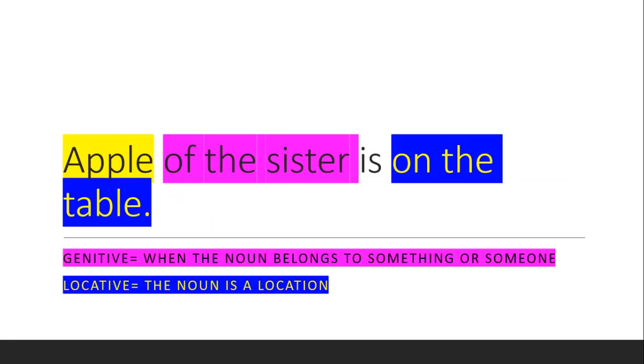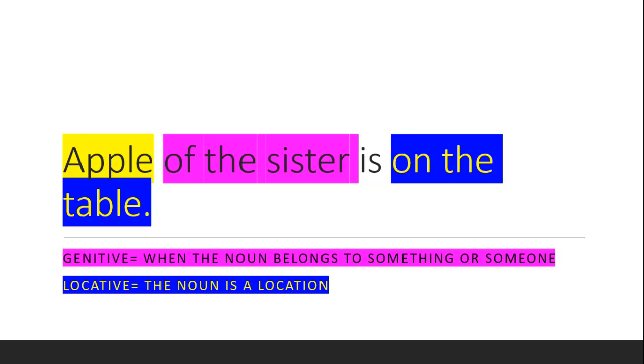Here's another example. Apple of the sister, or the sister's apple, is on the table. The part in yellow is a nominative again because apple is the main doer, is doing the main action there, even though it's not really an action, it's more like a state of being.